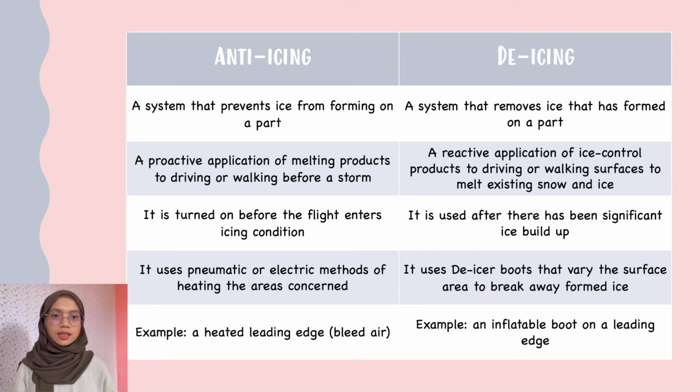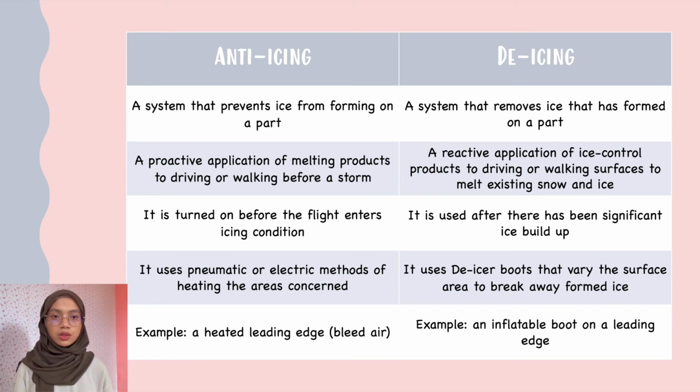The next difference is anti-icing is a proactive application of melting products to driving or walking surfaces before a storm, whereas de-icing is a reactive application of ice control products to driving or walking surfaces to melt the existing snow and ice.